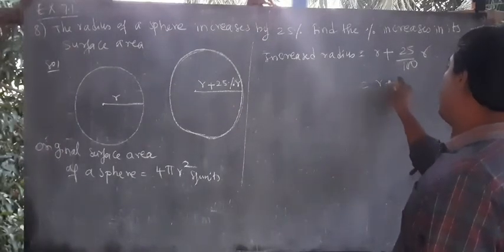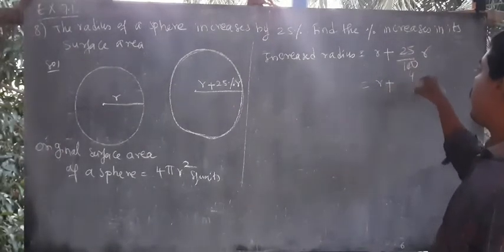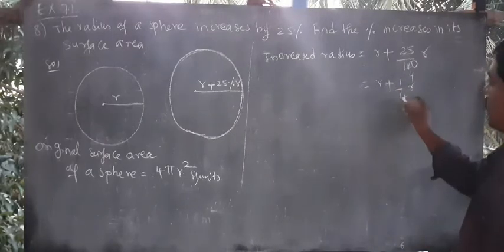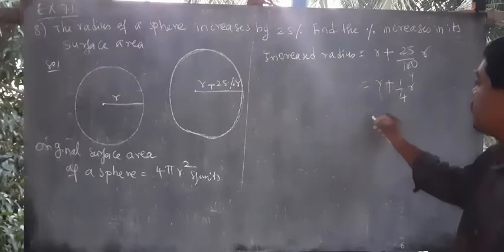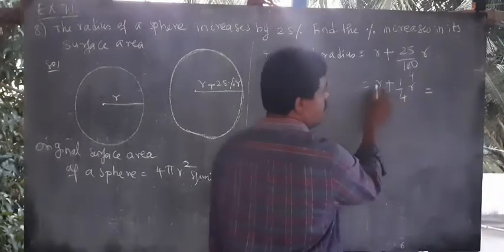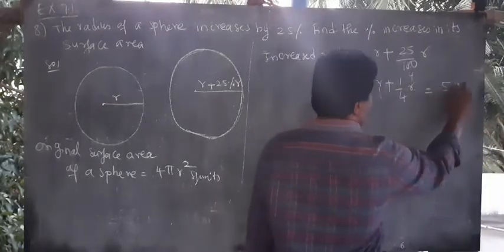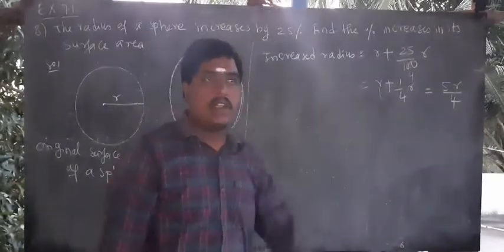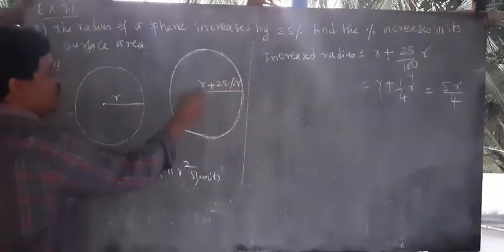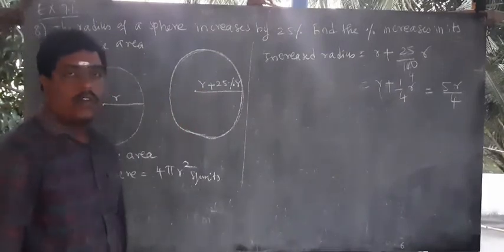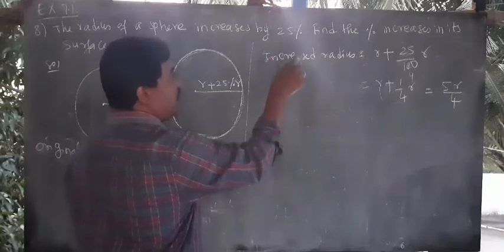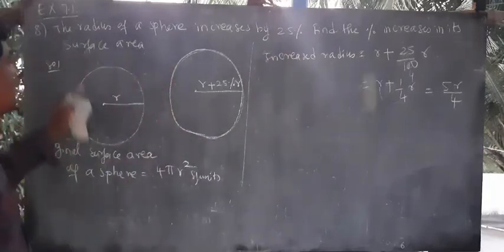So r plus 1 by 4 into r. This 4 will multiply here, so 4r plus r, 5r by 4. This is the increased radius for this new sphere, right? So here we need to find the percentage increase in its surface area.